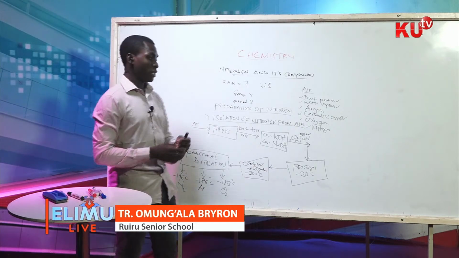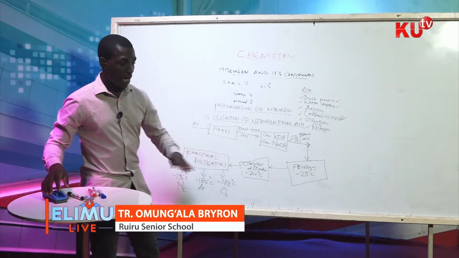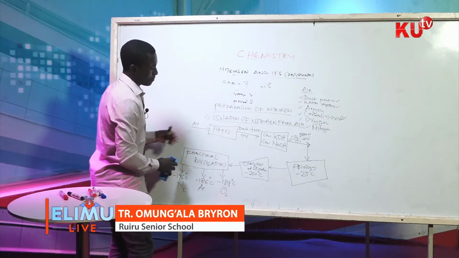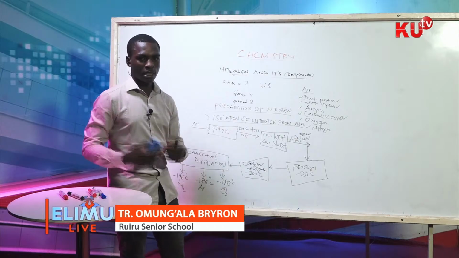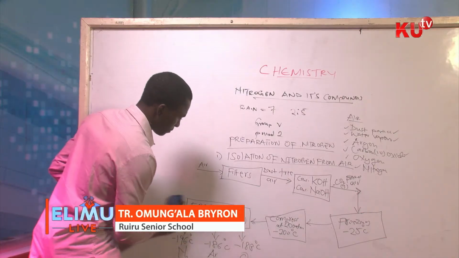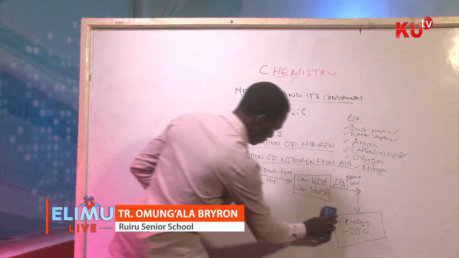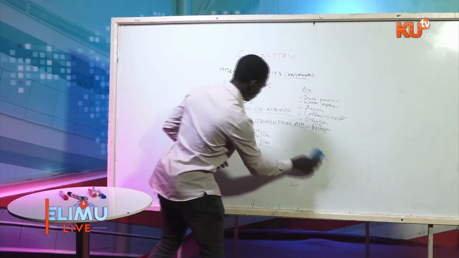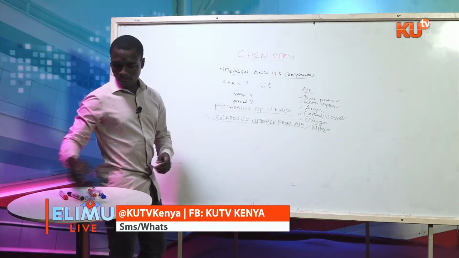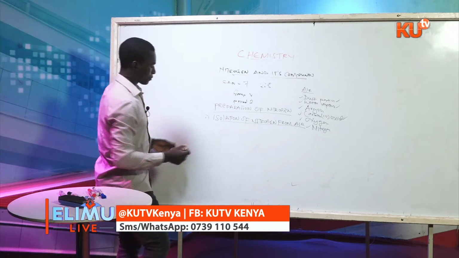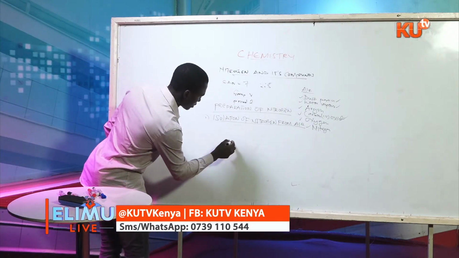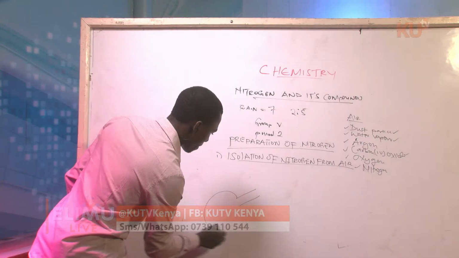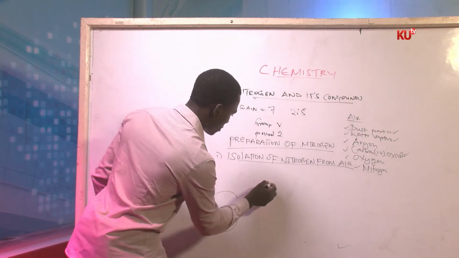But at laboratory level, we can also prepare nitrogen gas. So allow me to delete this so that we can talk about how we can prepare nitrogen gas at the laboratory level. Okay. So this is our setup that I'm drawing here.